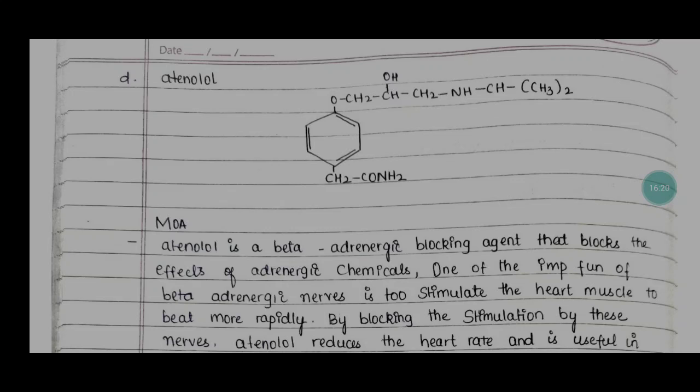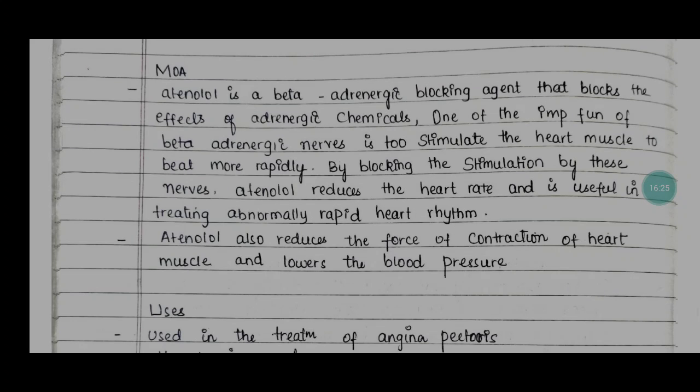By blocking the stimulation, atenolol reduces the heart rate and is useful in treating abnormally rapid heart rhythm. Atenolol also reduces the force of contraction of the heart muscles and lowers the blood pressure.